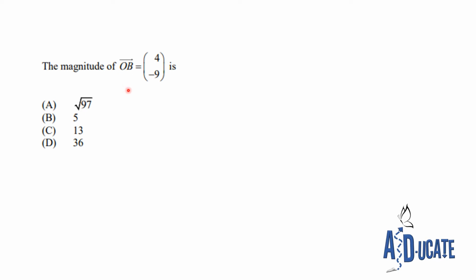In this question, we're asked to find the magnitude of vector OB. So how do we do that? Remember your formula. You should have vector OB enclosed by two vertical bars indicating magnitude. We use our Pythagoras theorem. So we find the square root of the x component squared plus the y component squared.